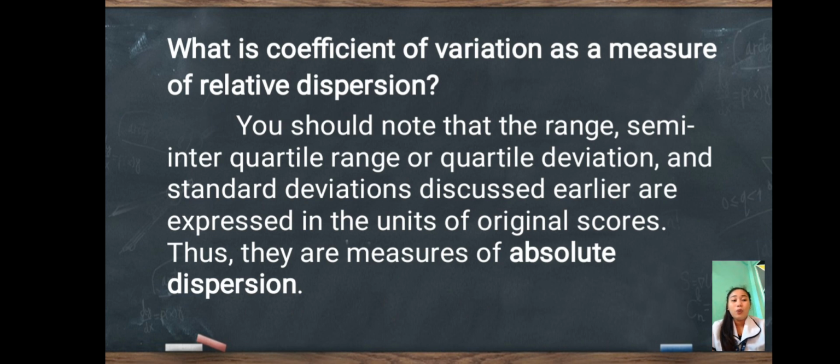So let us say one distribution of test scores in mathematics may have a standard deviation of 10, and another distribution of scores in science may have a standard deviation of 5.